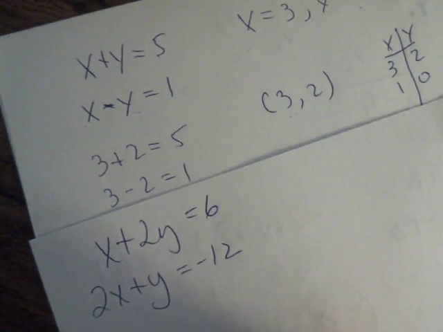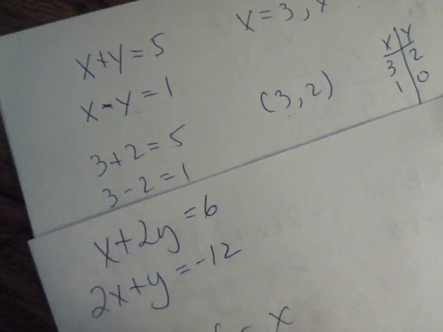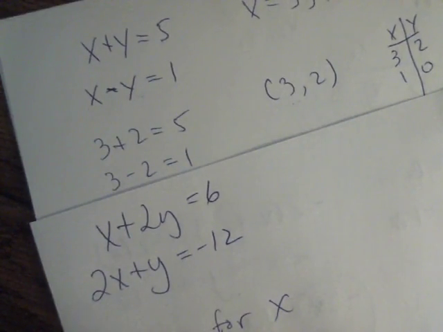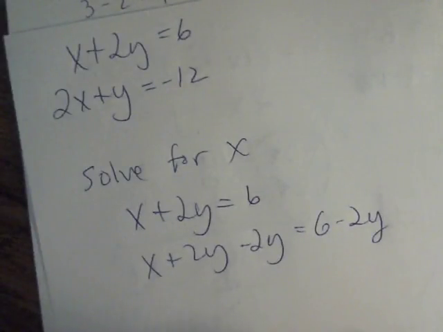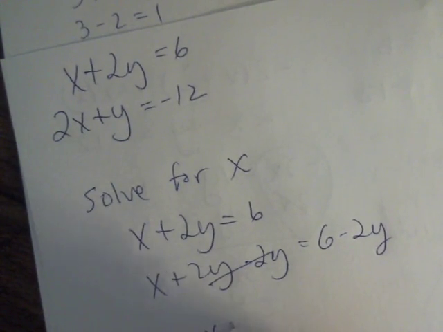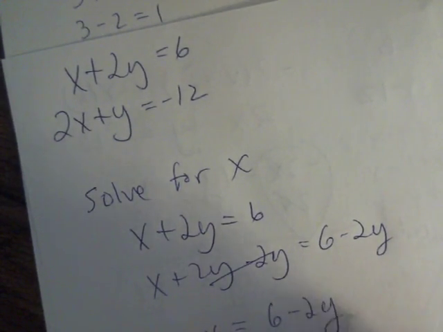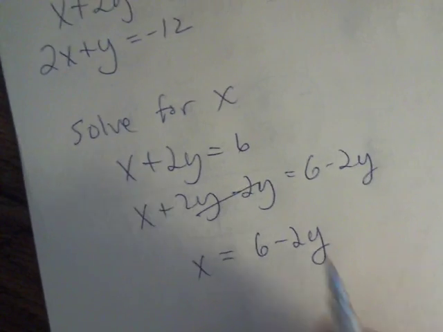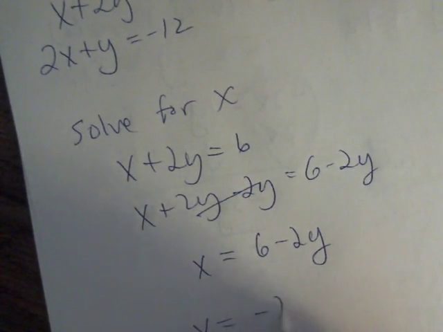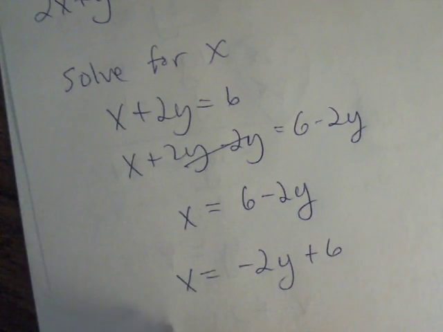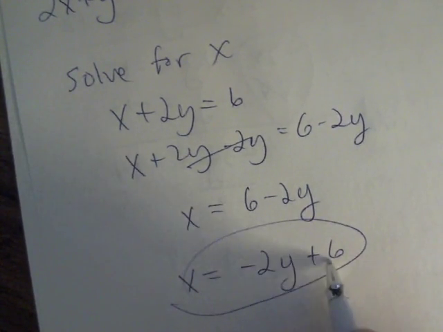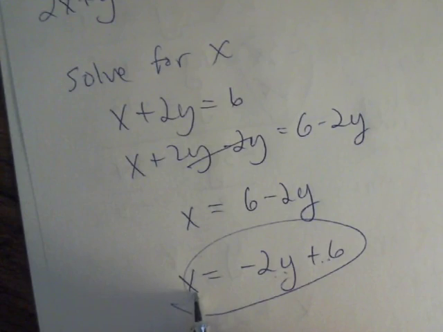So I do that by subtracting 2y from both sides. These cancel, and I get x is 6 minus 2y. You can leave it like that, but I'm just used to writing my variables first. So now I have negative 2y plus 6 is x.